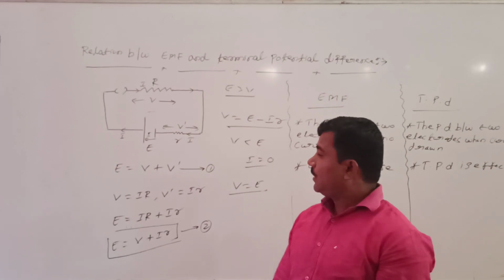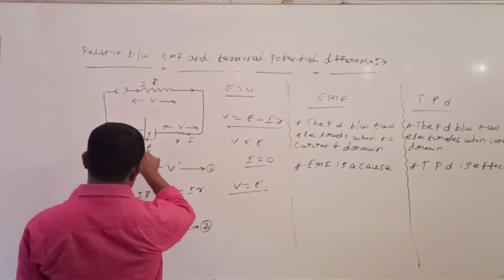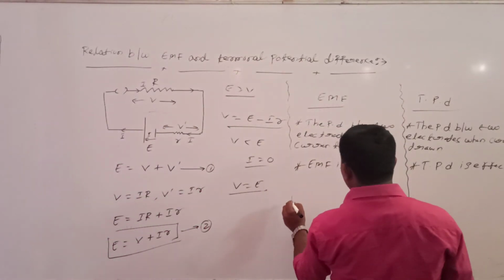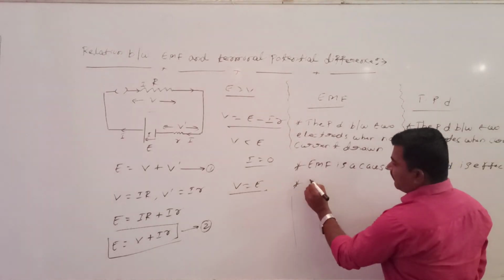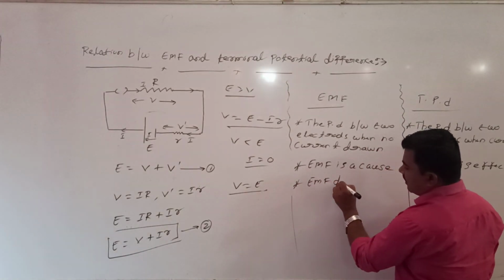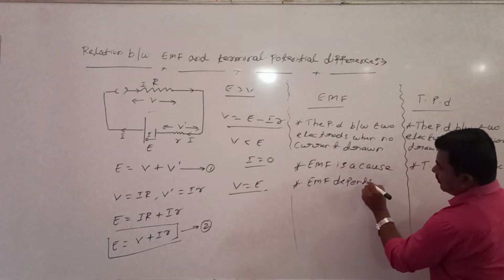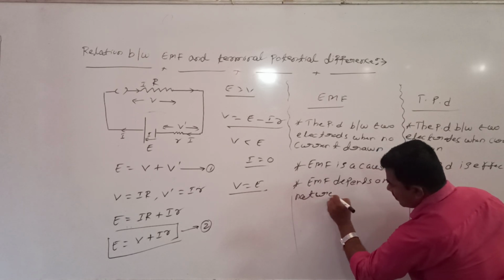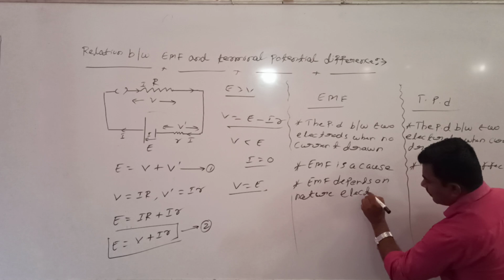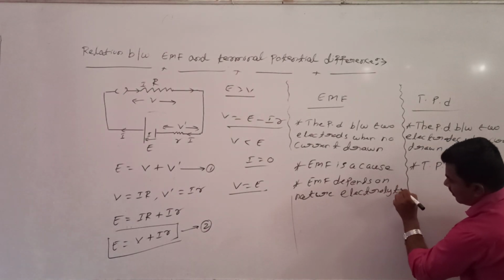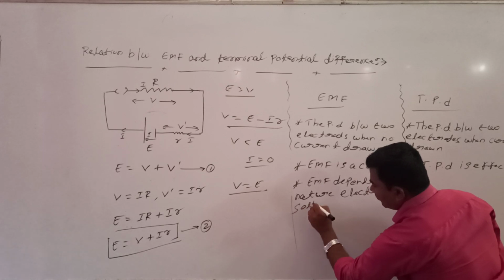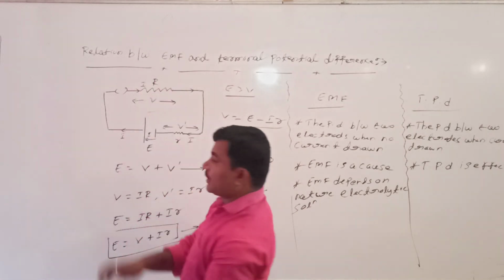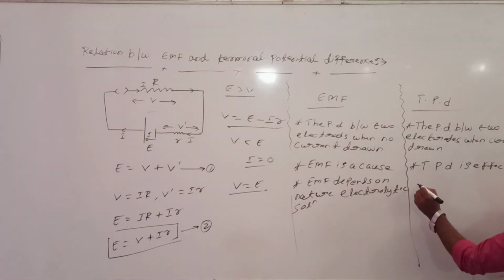A third difference we can make: this EMF depends on the nature of electrode and nature of electrolytic solution. Already we said this EMF depends on the nature of the electrode and the electrolytic solution. But this terminal potential difference only depends on the external resistor.